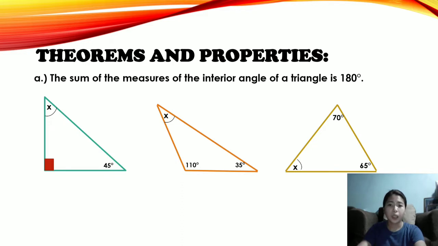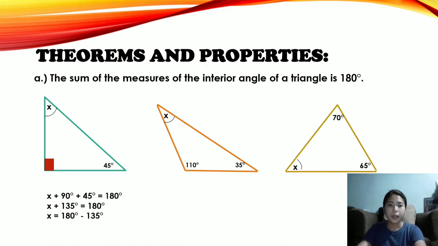Using the theorem, angle A plus angle B plus angle C is equal to 180 degrees. So we have x plus 90 degrees plus 45 degrees is equal to 180 degrees. Now, x plus 90 degrees plus 45 degrees, that is 135 degrees, equal to 180 degrees.